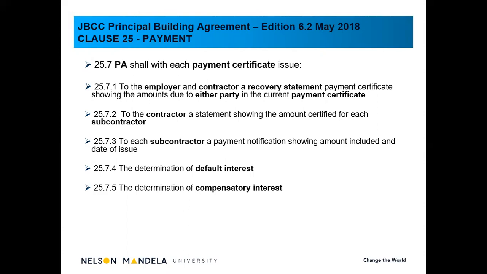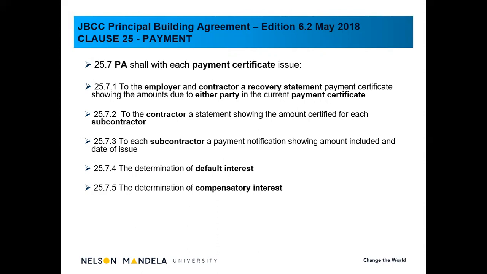So the contractor will receive a notification that we've paid the electrical contractor 100,000 Rand for this month, and the electrical contractor will receive a notification statement that 100,000 Rand was certified, so the electrical contractor will wait for the 100,000 Rand. So the contractor has to pay that. There's no way that the contractor can argue and say he hasn't received the 100,000 Rand in the payment certificate.